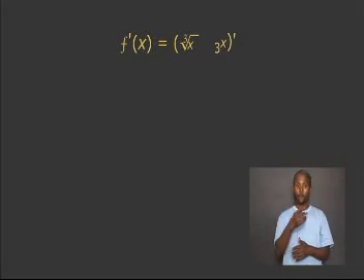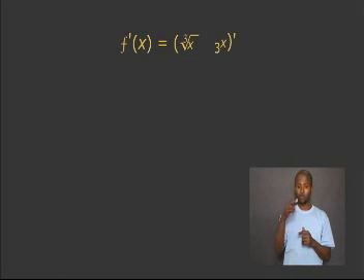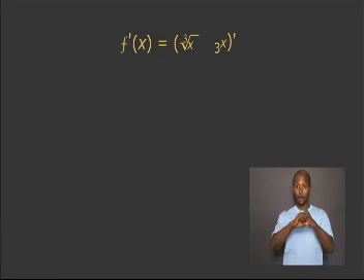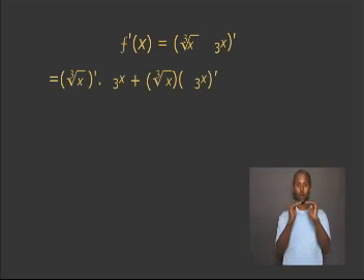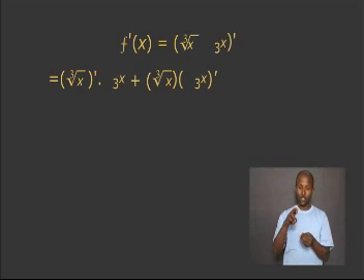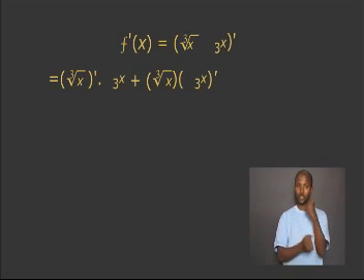F prime of x equals the derivative of the cube root of x times the logarithm of x to the base 3. This equals the derivative of the cube root of x times the logarithm of x to base 3 plus the cube root of x times the derivative of the logarithm of x to base 3.